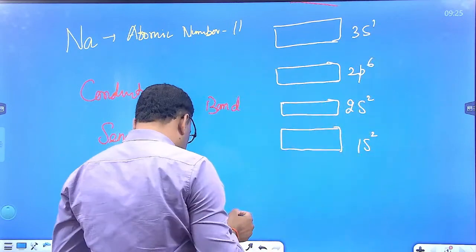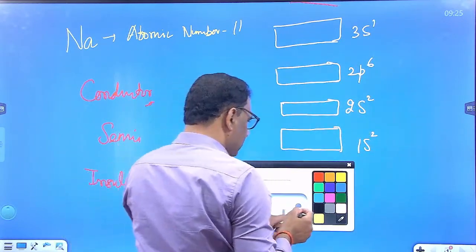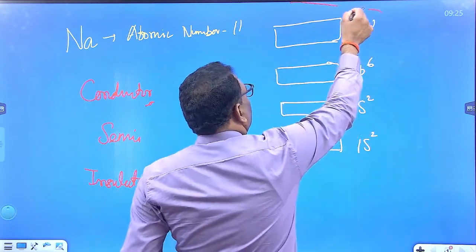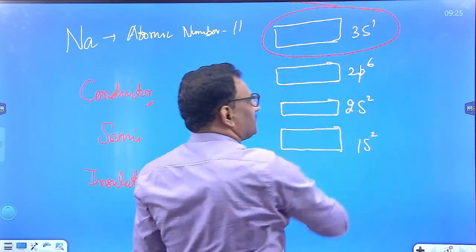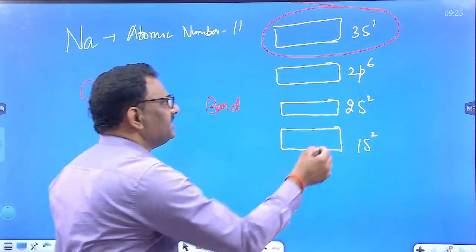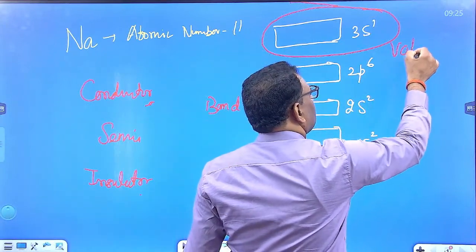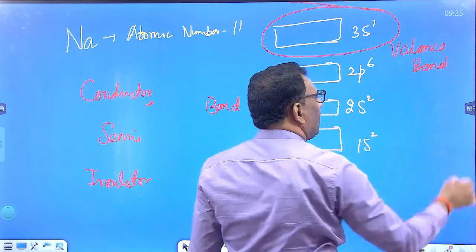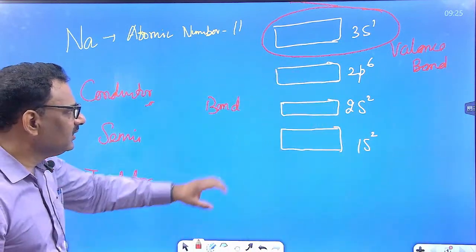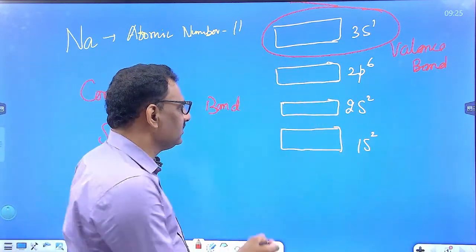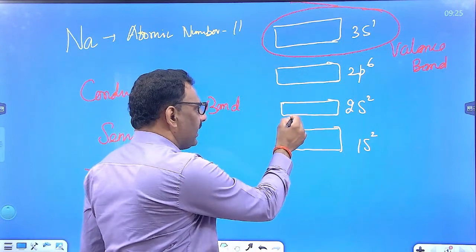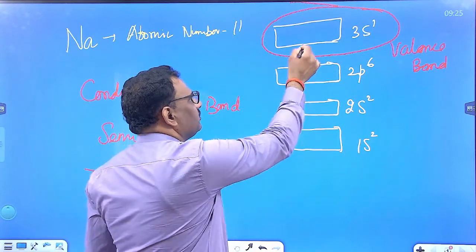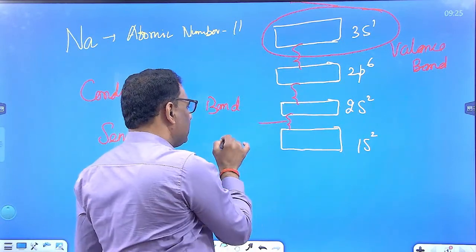So we will concentrate on this because it is outermost. It is known as valence. And there is a gap between the bands. It is the 1s2 band, so we have a gap like this, we have a gap like this, this is known as the band gap.